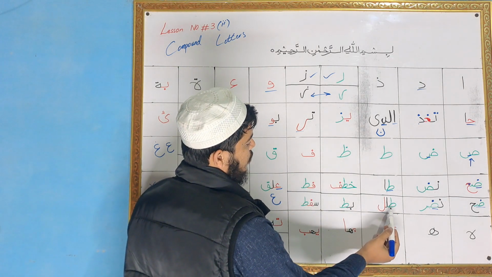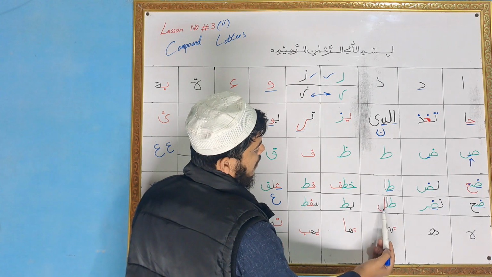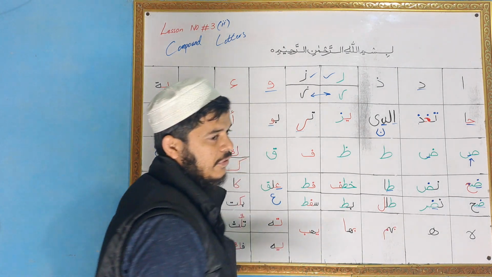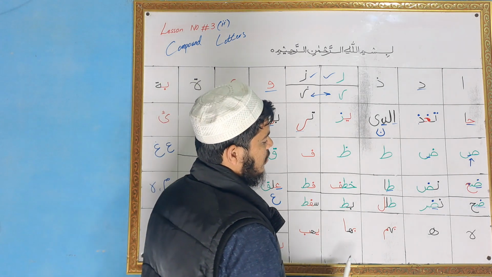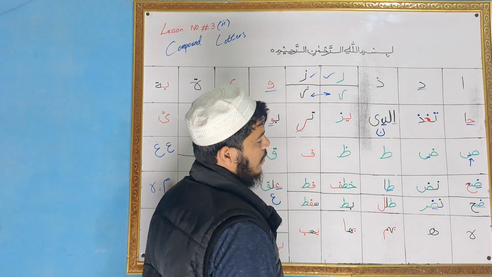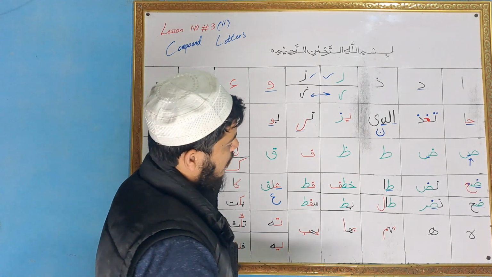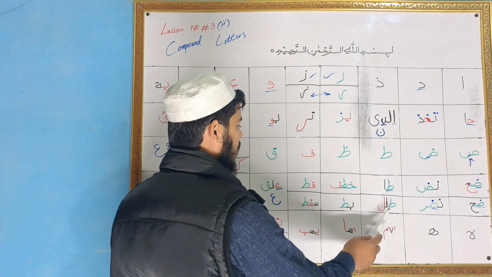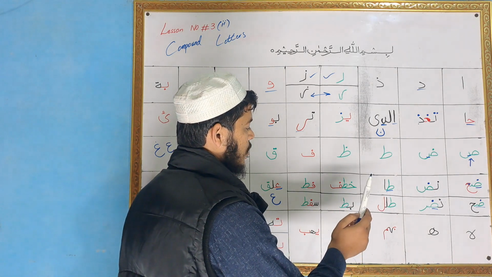Ta, Alif, Ta. What do you think this black letter will be? Lam, because it's a straight line without any dots, it will be considered Lam. And the red one will be Lam again, because when Lam comes at the end, it will come in its original form. Ta, Lam, Lam.